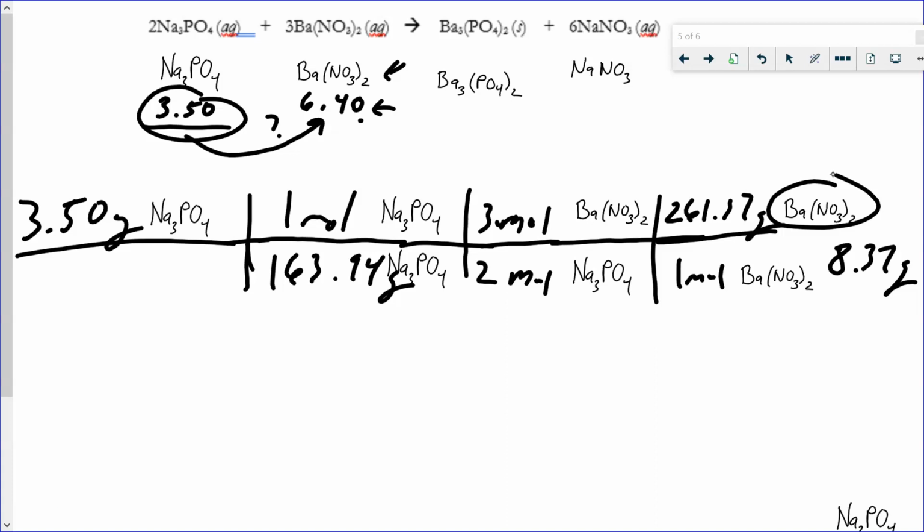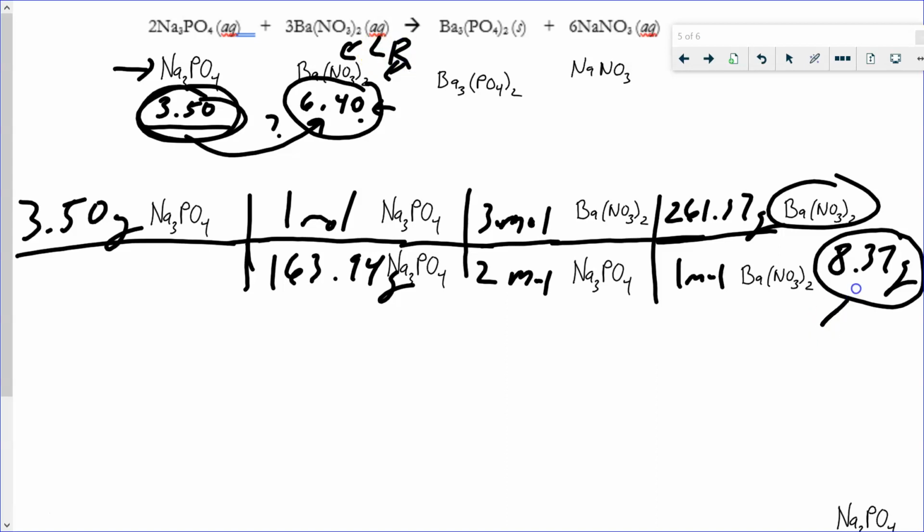Now, how do we use this to determine the limiting reactant? What we just figured out is if we used all 3.5 grams of sodium phosphate, we would need at least 8.37 grams of the barium nitrate. We don't have that much barium nitrate. We only have 6.40. What that tells us is that we would run out of the barium nitrate before we ran out of the sodium phosphate, which means the barium nitrate is our limiting reactant.